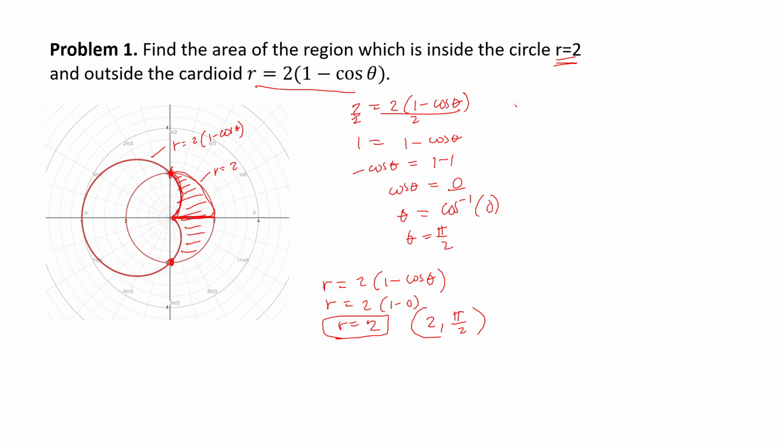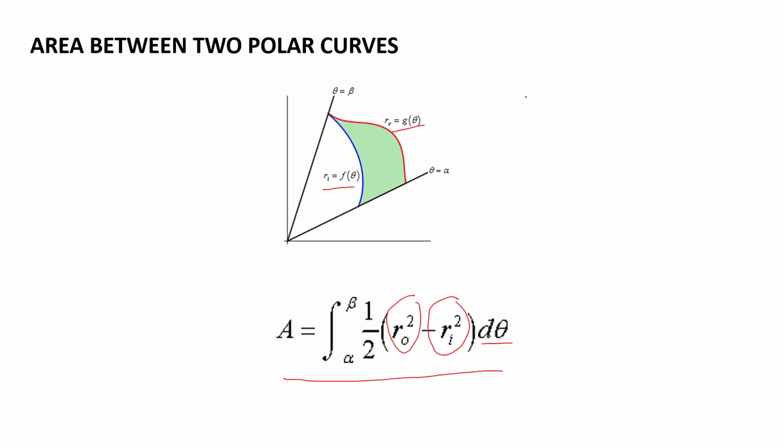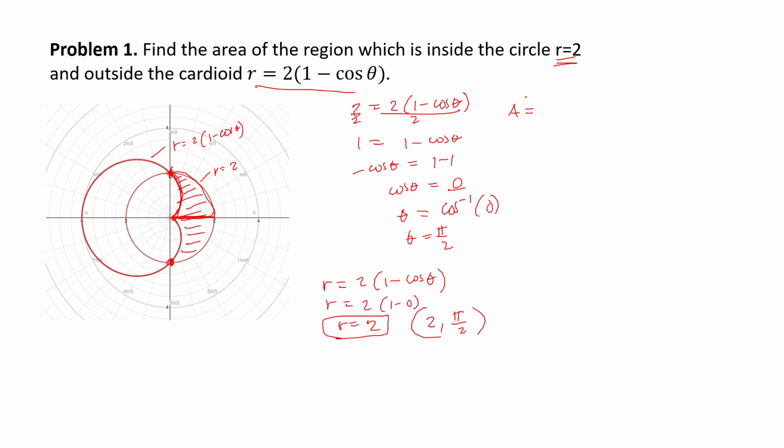So the area A is equal to, the formula for getting the area is the integral from alpha to beta of 1 half, r outer minus r inner d theta. So we have here 1 half integral from 0 to pi over 2. Since that is symmetrical, we could solve this one and multiply it by 2.